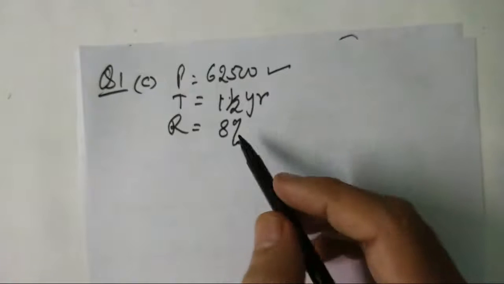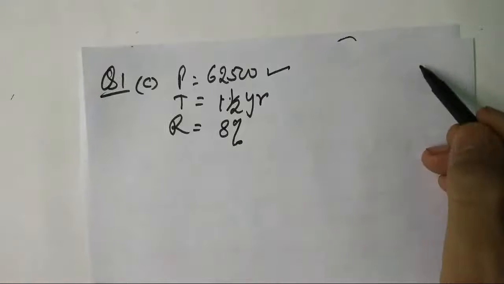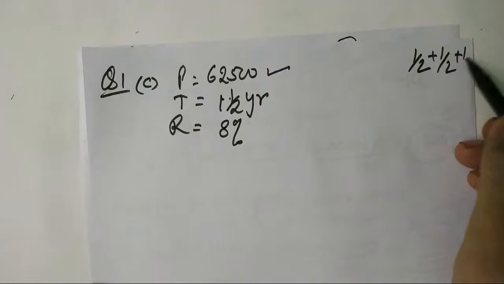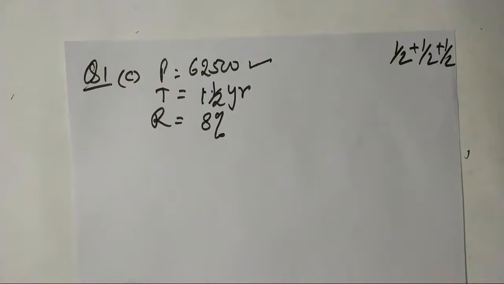Now half yearly means you have to find the interest for half year, half year, half year. We will do this so that the total time becomes 1.5.